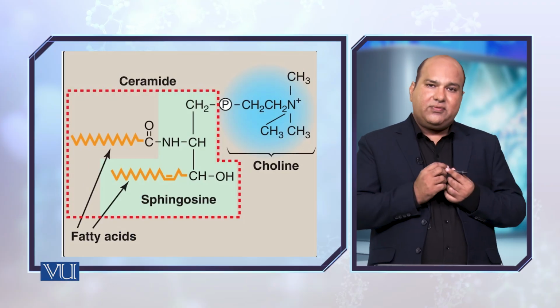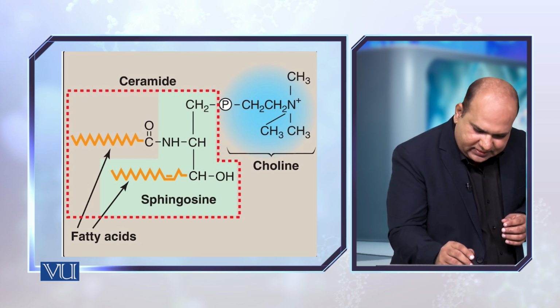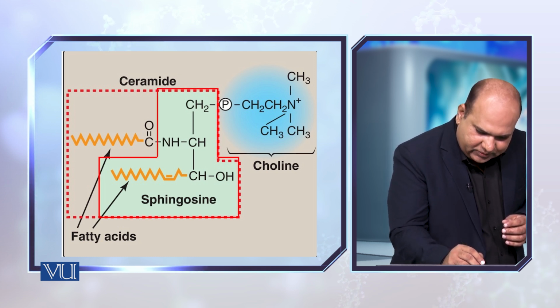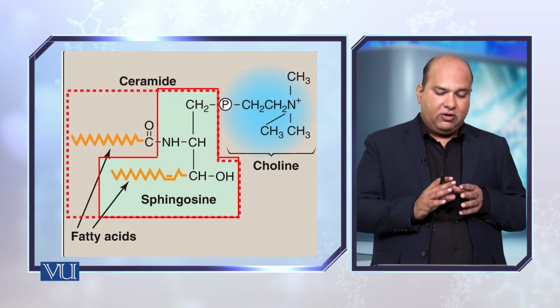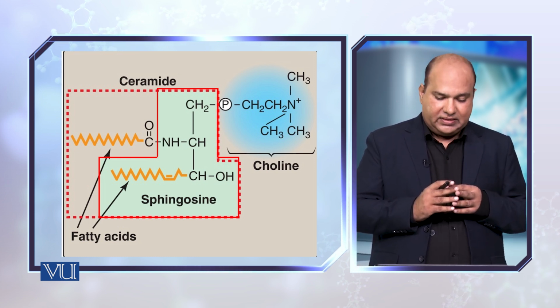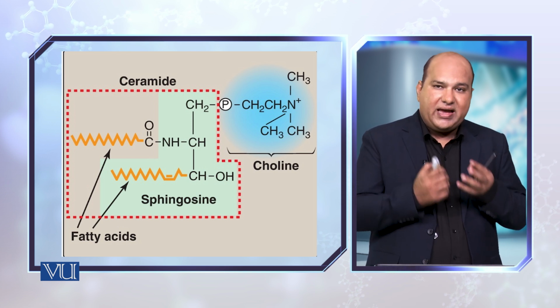The sphingophospholipids have a sphingosine. This light greenish part makes up the sphingosine part of the sphingophospholipids, and this sphingosine acts as the backbone of this compound.